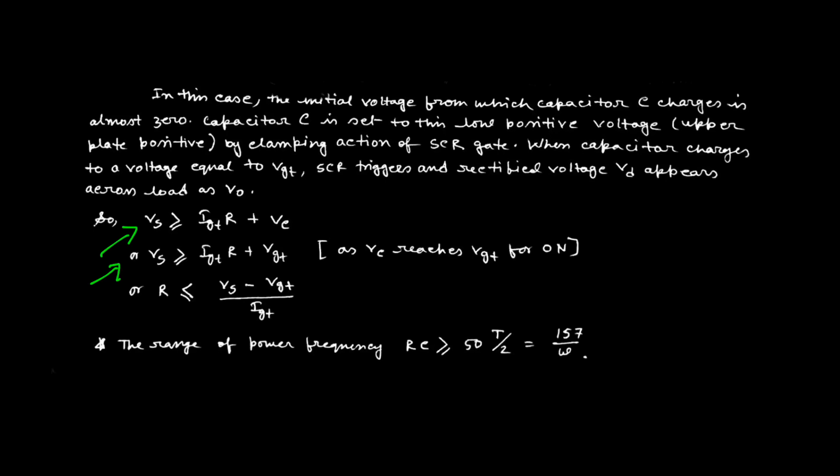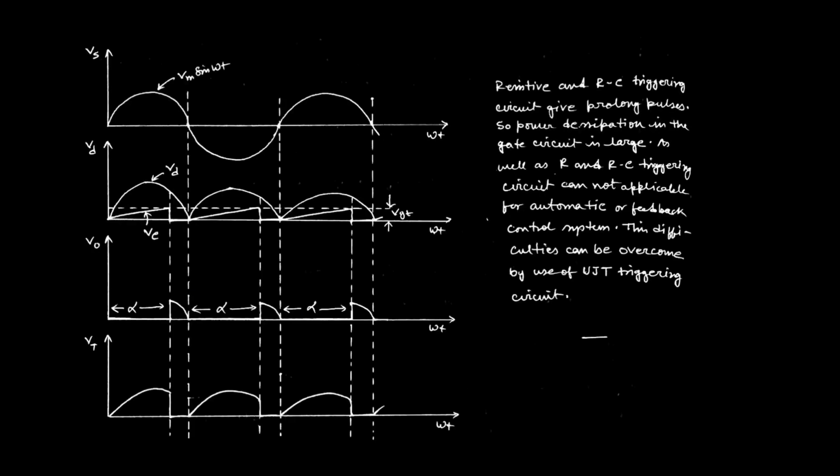After simplification, we get the design value of resistance R, by which we can apply the appropriate gate pulse alpha, defined by R less than or equal to Vs minus Vgt by Igt, and the range of the power frequency RC must be greater than or equal to 50 into T by 2, that is 157 by omega. That is used for application purposes. So this is all about the RC firing circuit in case of half wave and full wave both. So thank you.